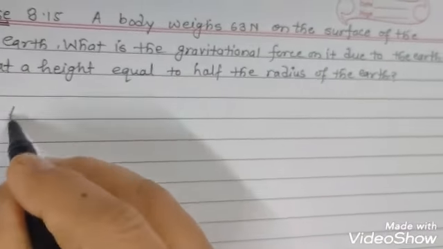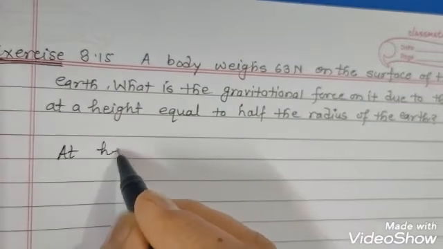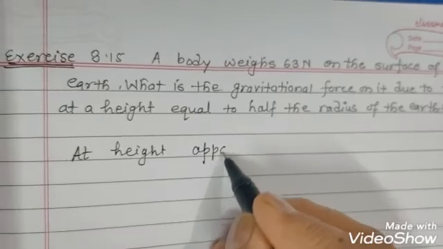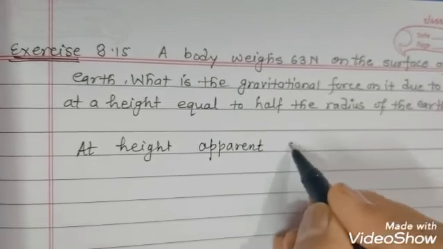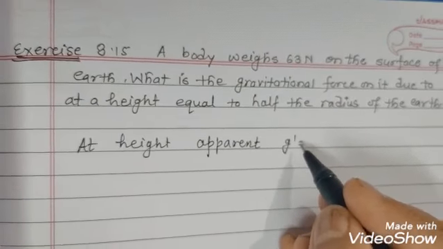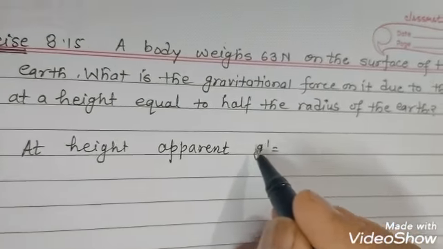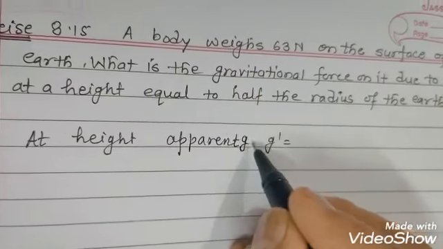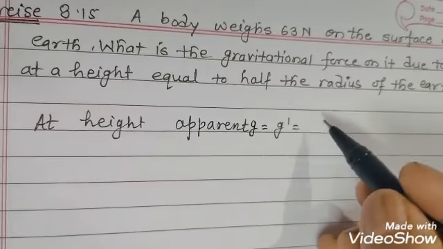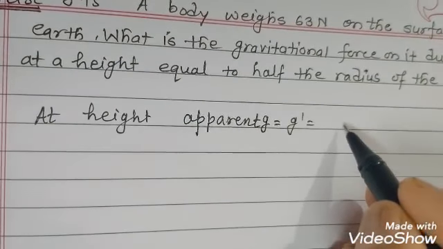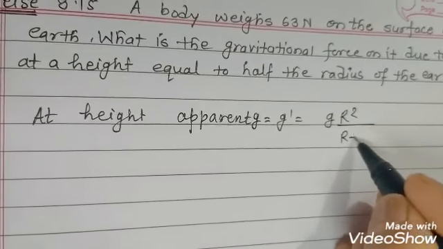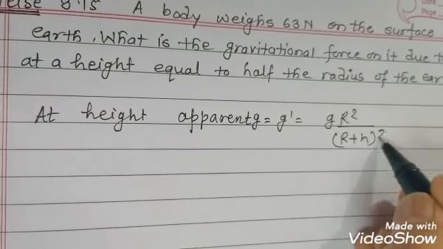So at height h, g dash means apparent acceleration due to gravity. This g dash is given by g R square upon R plus h the whole square.